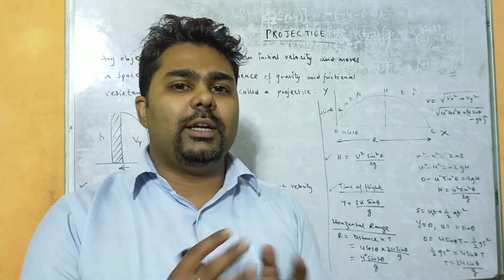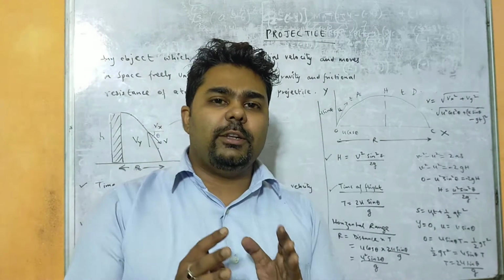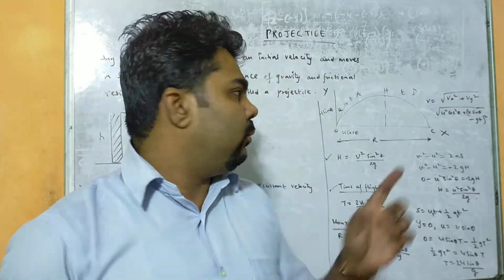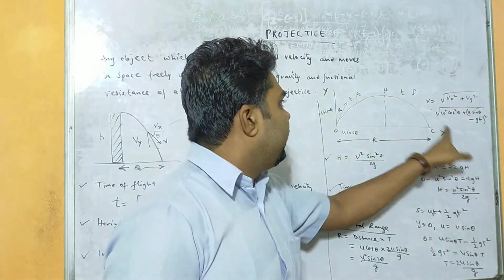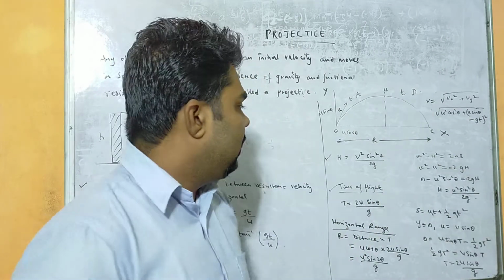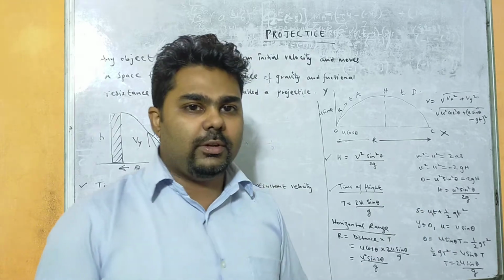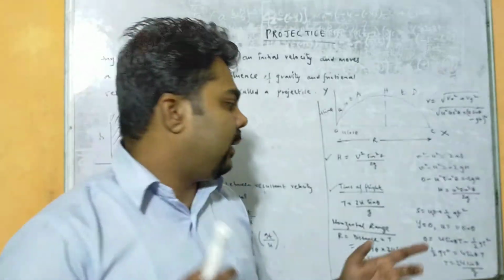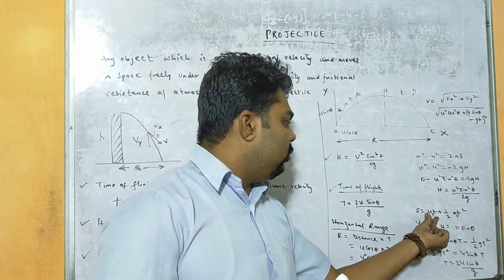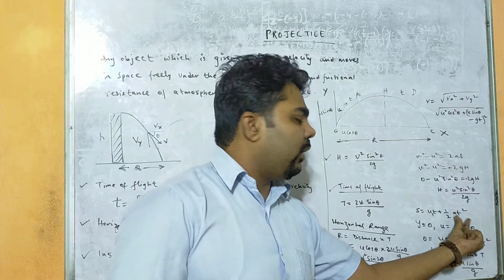That means what is the vertical displacement then? The vertical displacement is temporary. When an object moves to a certain height, again it falls down. That means vertical displacement is 0 here. So in place of s, that means y is 0. Okay, s means distance. Here distance is along the y axis. That's why I have considered y. So y is 0, u is u sin theta, and a_y is g.